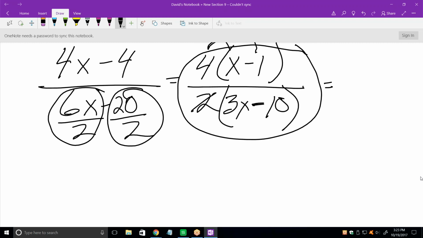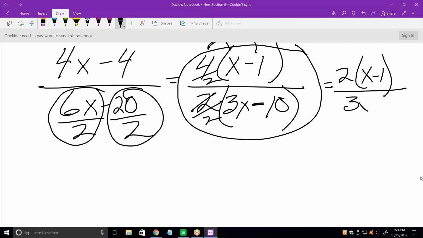I'm going to divide the bottom by 2, and I'm going to divide the top by 2. I can always do that. I can divide the top and the bottom by the same number. That leaves that in the top and this in the bottom. There's my answer. I cannot simplify it any more than that.